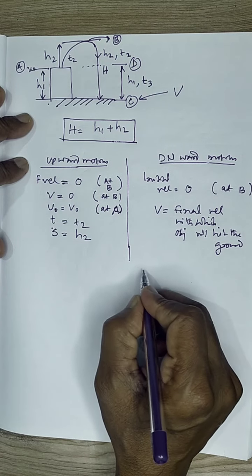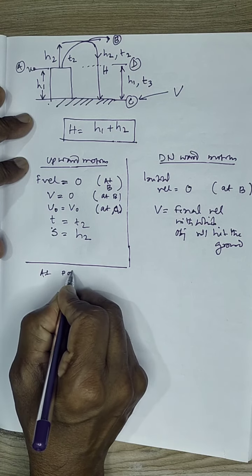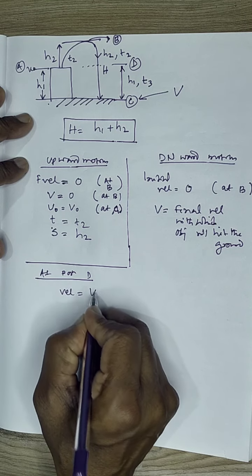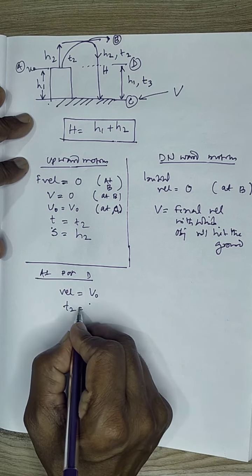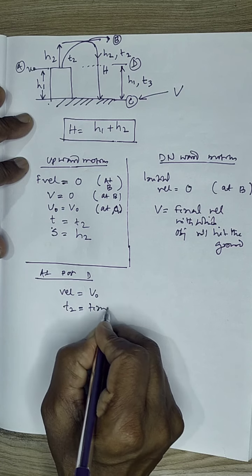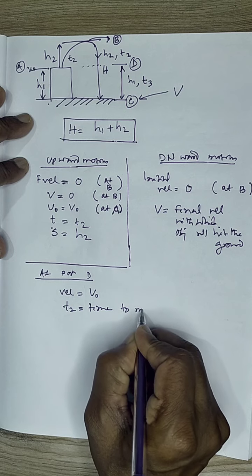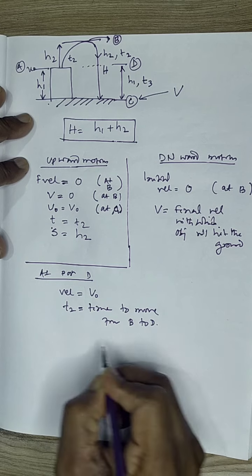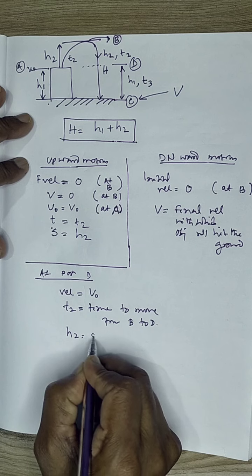At position D, velocity will be v0, and t2 will be the time taken for the object to move from B to D, and the distance will be h2.